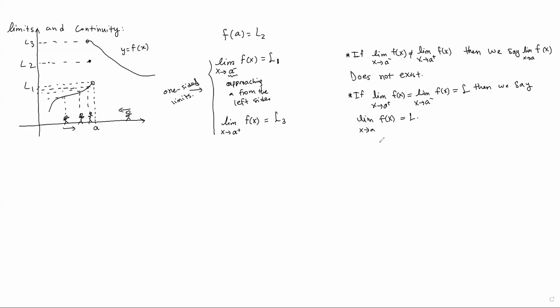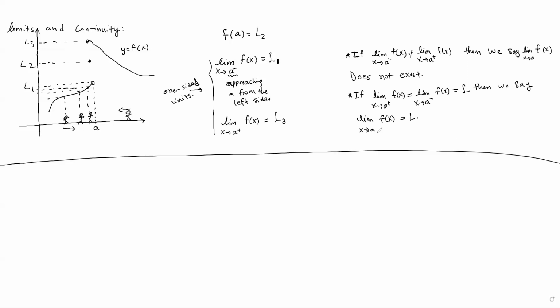If you do get the same limit, then the limit is just equal to that number. Again, keep in mind that this does not have to be the value of the function at all. So this is the general idea of limits and what they're used for. As you're approaching a point, what y value are you approaching?